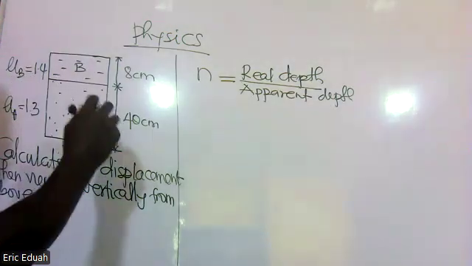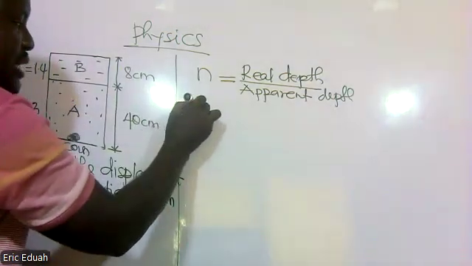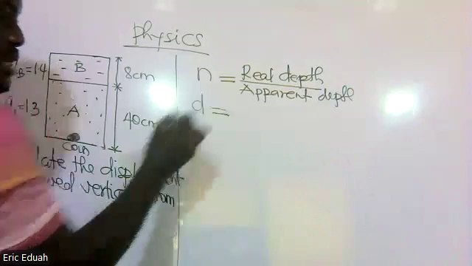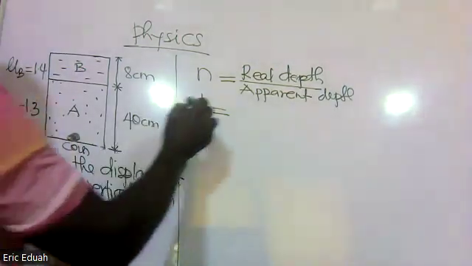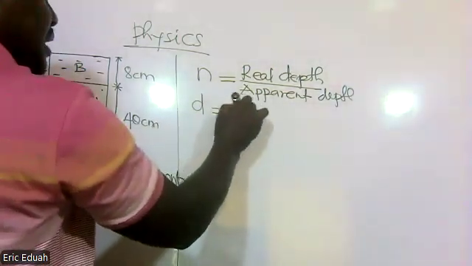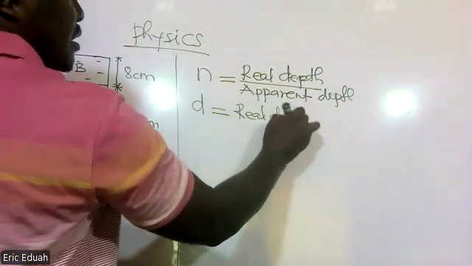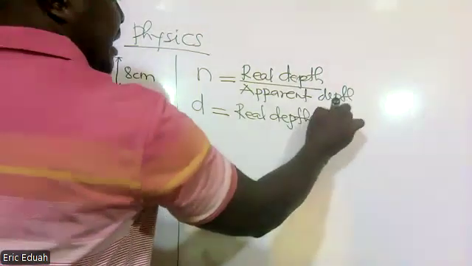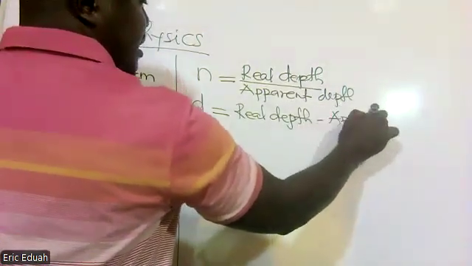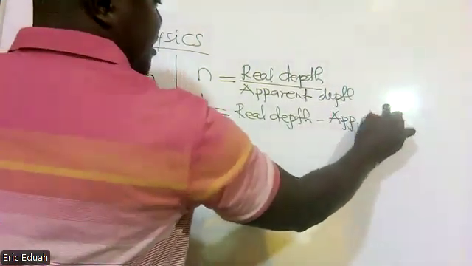Then we saw that the vertical displacement is equal to real depth minus apparent depth.